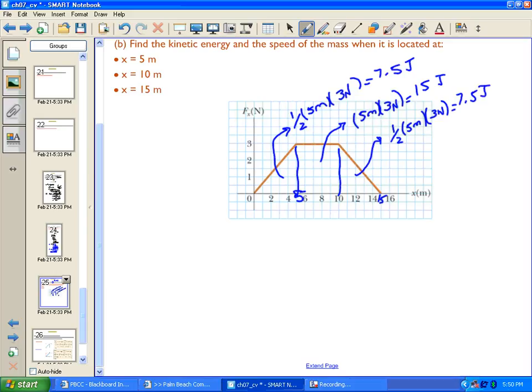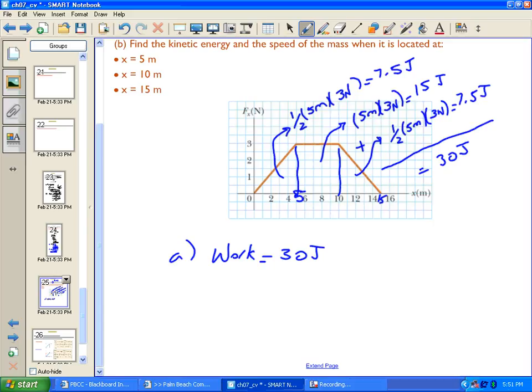So effectively we're finding the area of 2 triangles and 1 rectangle, and we're summing the value of these areas to obtain the net amount of work, which you can see adds up to 30 joules. So the total work which is done by this force over the displacement of 15 meters altogether is 30 joules.